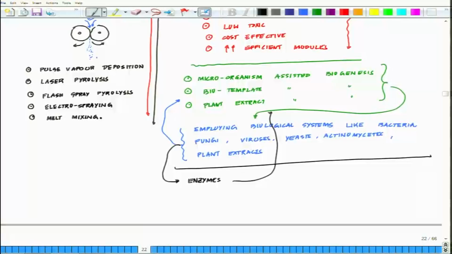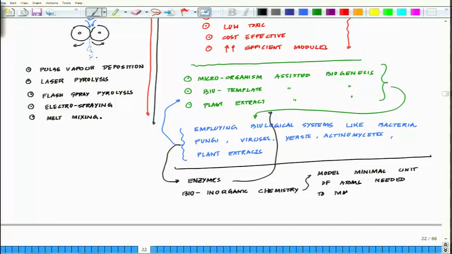If you look at the work carried out in bioinorganic chemistry, you will realize there are people who have tried to model the minimal unit of atoms needed to mimic the function of an enzyme.